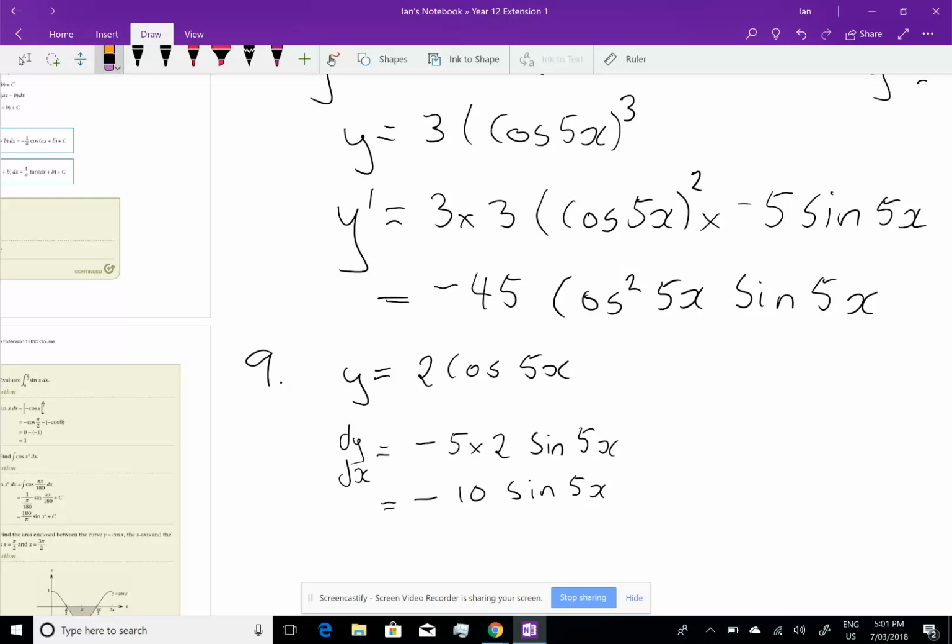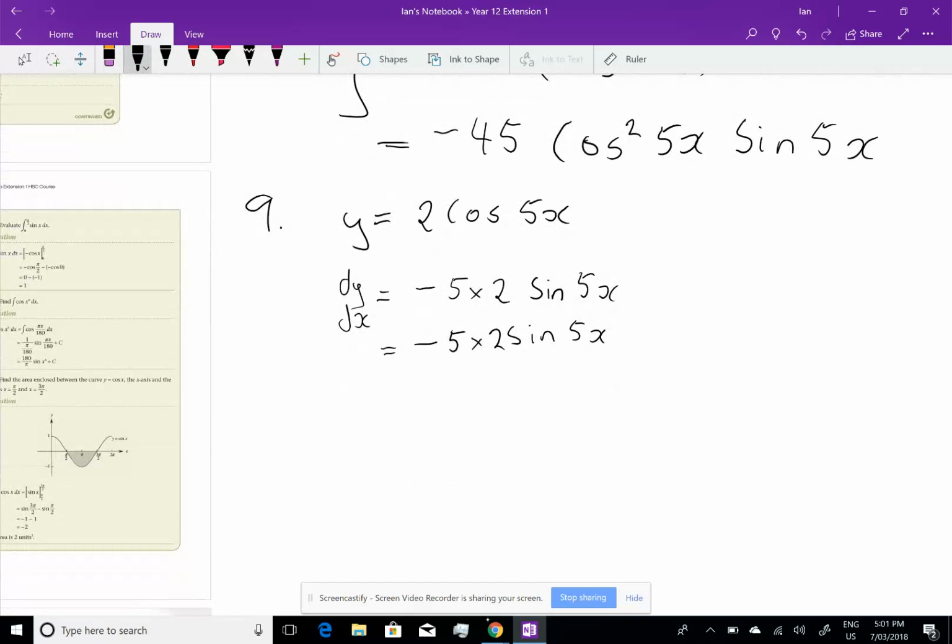Actually, you know what I'm going to do? I'm going to leave that as minus 5 times 2. You'll see why in a minute. d2y/dx squared, the second derivative, equals, okay, this whole thing, minus 5.